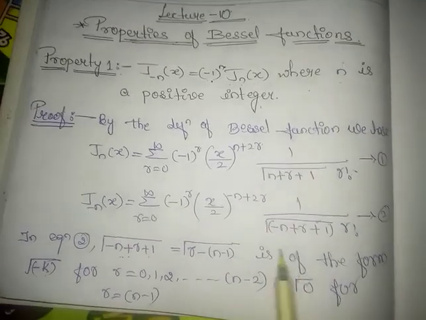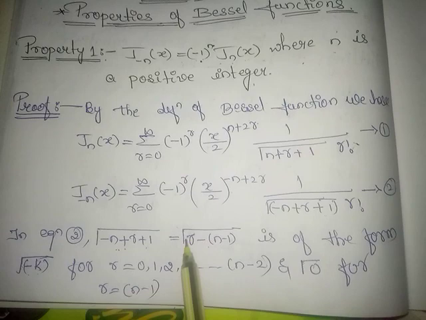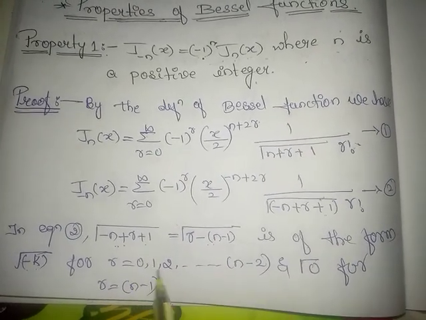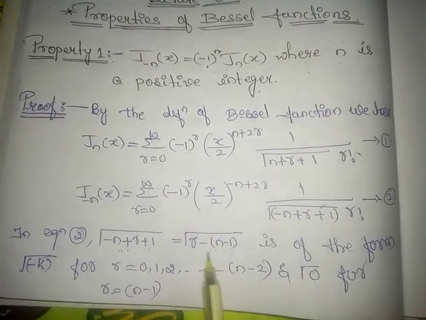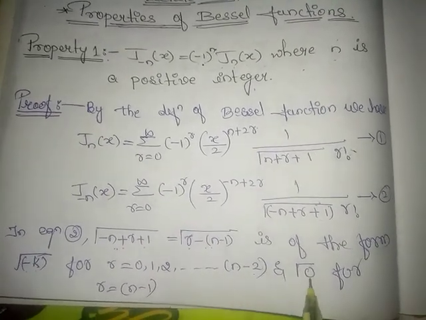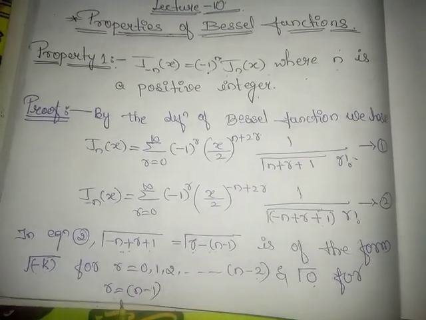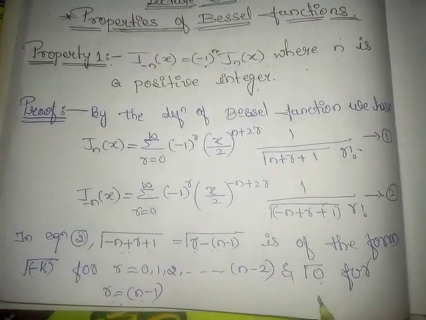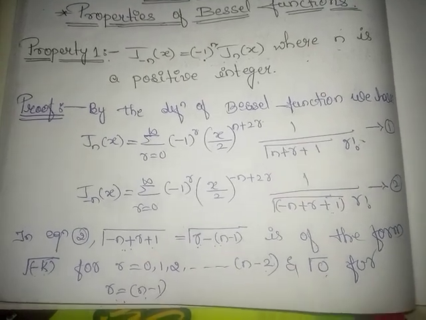We consider this expression for r running from 0, 1, 2, and so on to n minus 2, not n minus 1. When r is n minus 1, the value is gamma of 0, and we know that gamma of 0 is infinity.